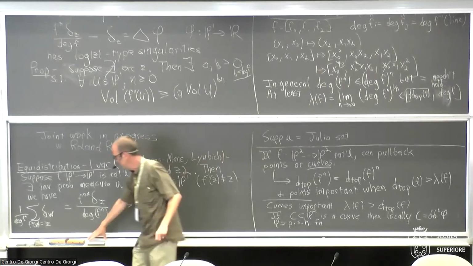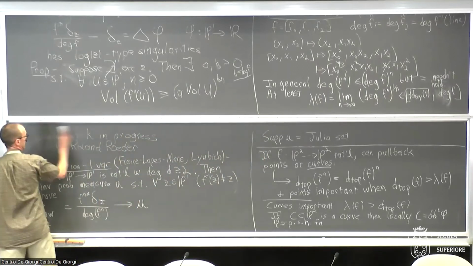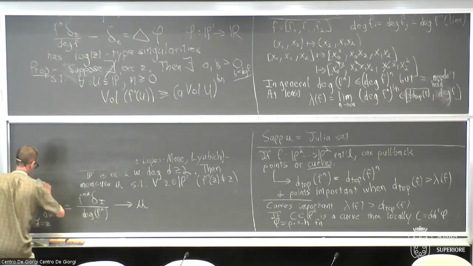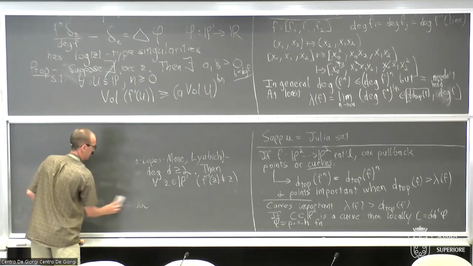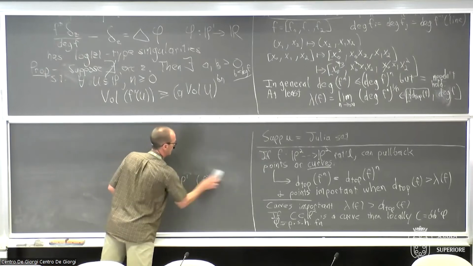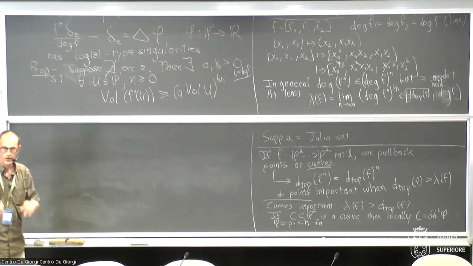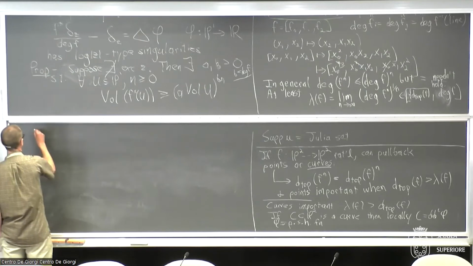So what are you supposed to do about the normalization factor? Well, a not unreasonable strategy is the following.